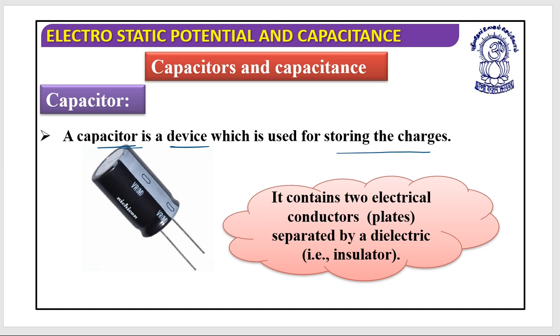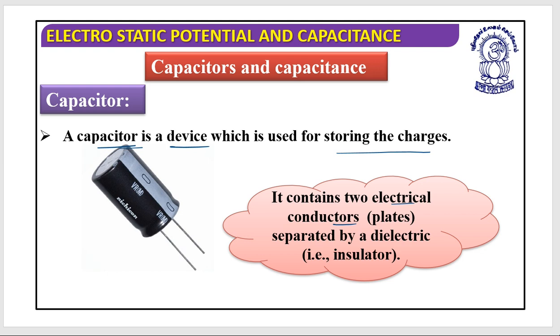It generally contains two electrical conductors, which we call plates, separated by a certain distance, and that separation between the two plates will be filled by a dielectric. If there is nothing, then we say that air has been filled as the dielectric, and we can even place certain dielectric materials within the plates of the conductor.